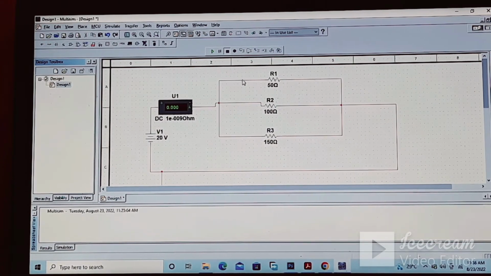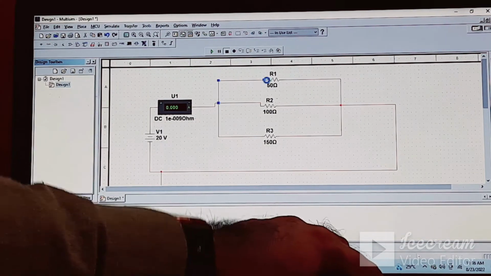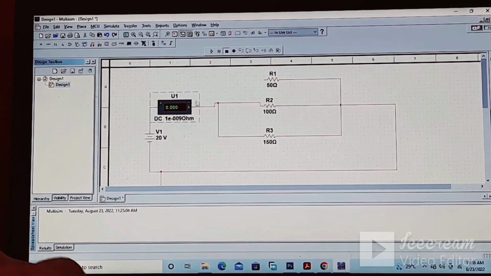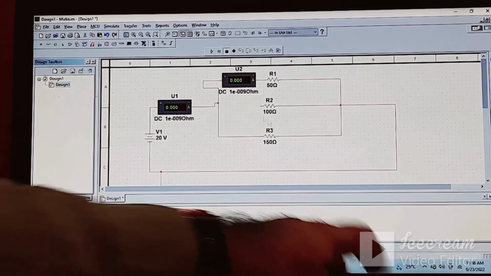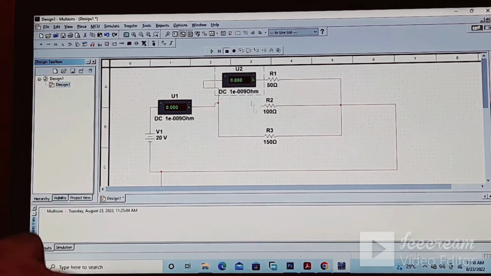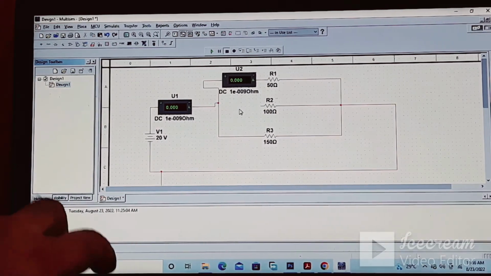So if you want to find the current across the R1, R2 and R3 resistors, place an individual ammeter in series. This will give us the reading of this current. Okay, and this is the second ammeter.